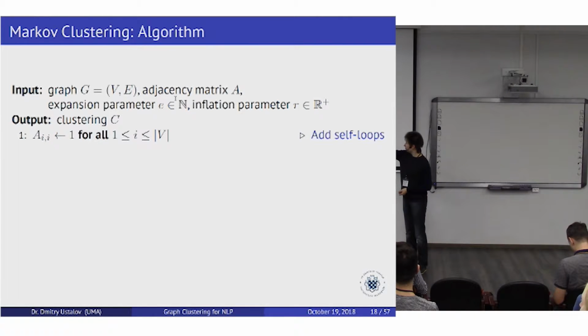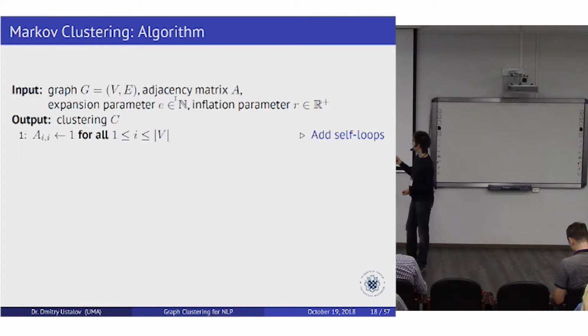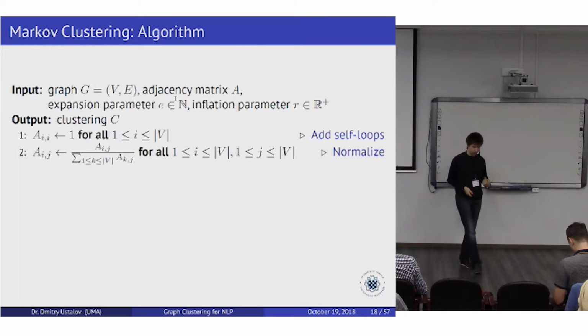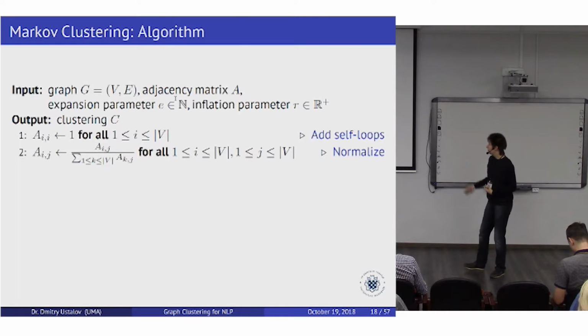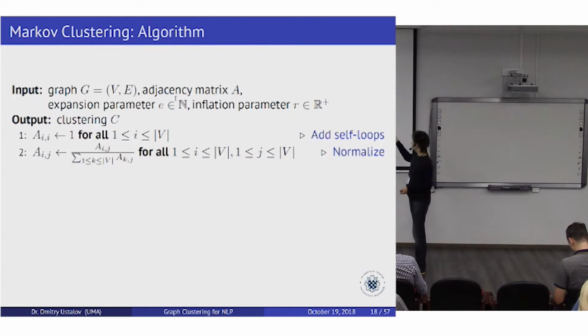So you add a diagonal to the matrix, which means every node is looped by itself. Self-loops, basically. In case you have self-loops, it's OK, but the algorithm necessarily adds self-loops. It's an empirical observation, and you should take this into account.